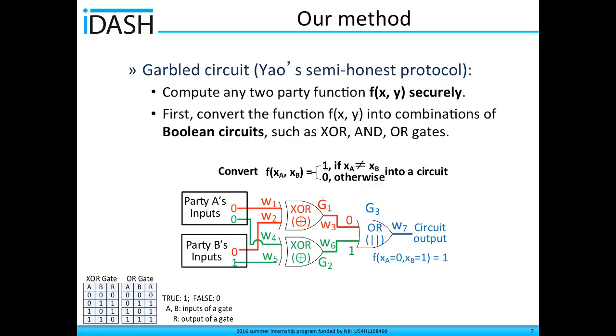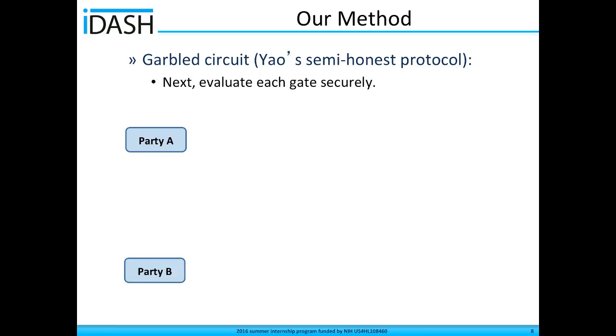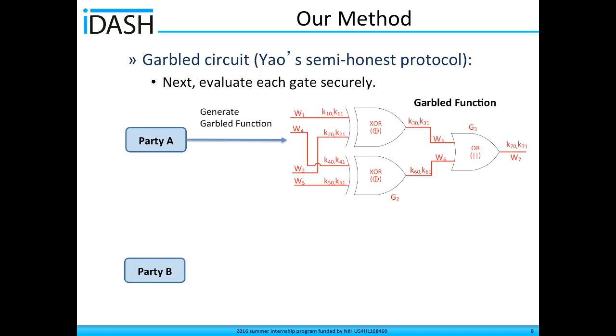After we have already converted it to a combination of Boolean circuits, now we can go through how it works during the secure evaluation. Firstly, party A will generate the garbled circuits corresponding to the circuits we have already converted, and garble all the inputs with garbled values.